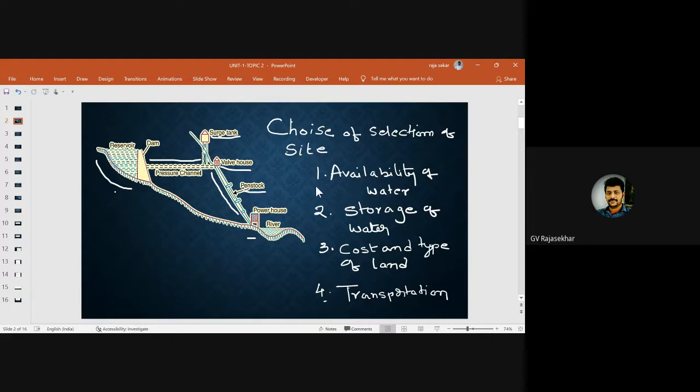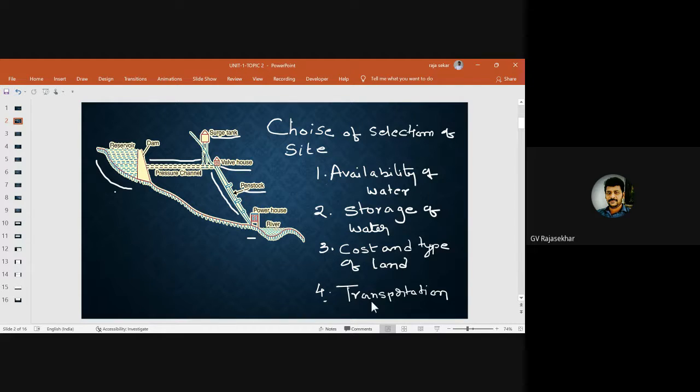What is the first restriction? The first restriction is availability of water. If there is no water, we can't construct the dam there. Next, there should be a provision for storage of water. That means the water that we are collecting here should be able to be stored. Then the cost of the land and type of the land which you are selecting for construction of the dam.